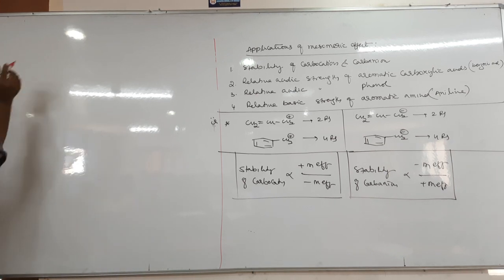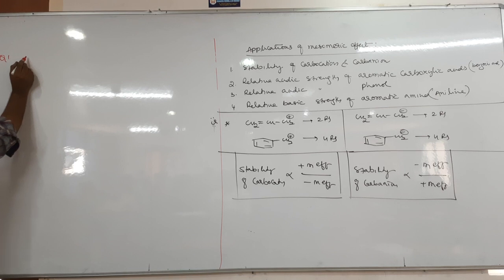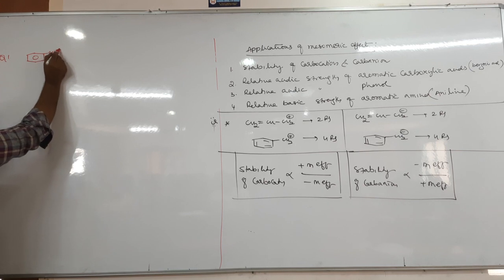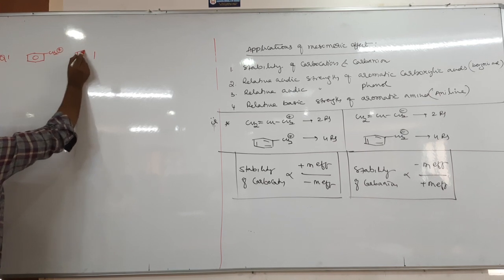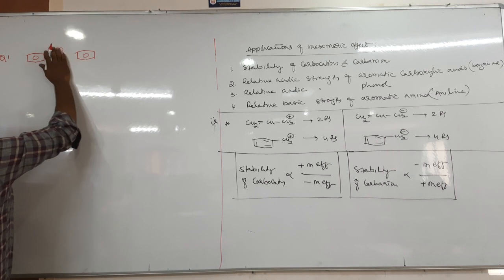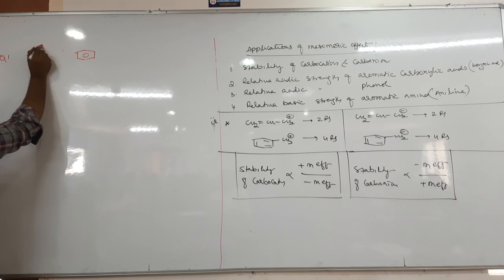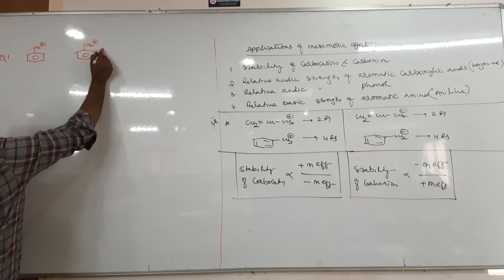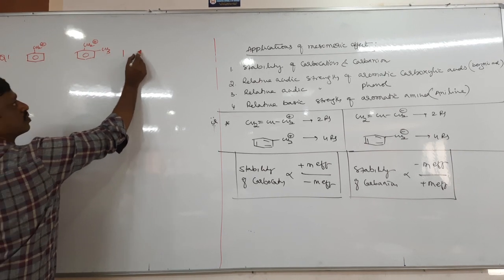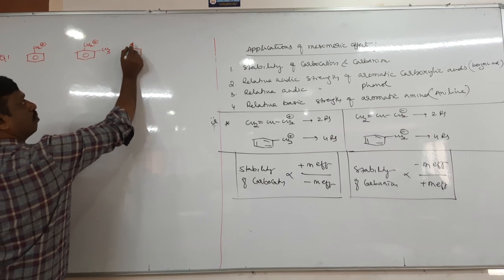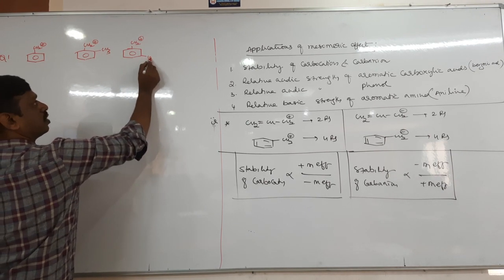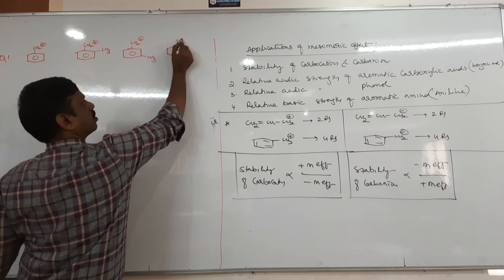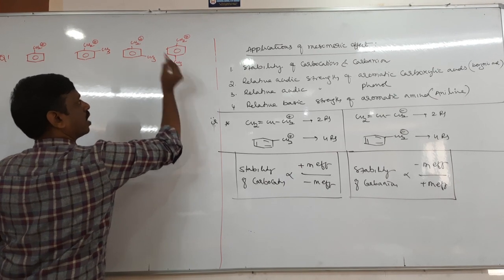Now let us take benzylic carbocation. Next, benzylic carbocation having a methyl group at ortho position, benzylic carbocation having a methyl group at meta position, and benzylic carbocation having a methyl group at para position.